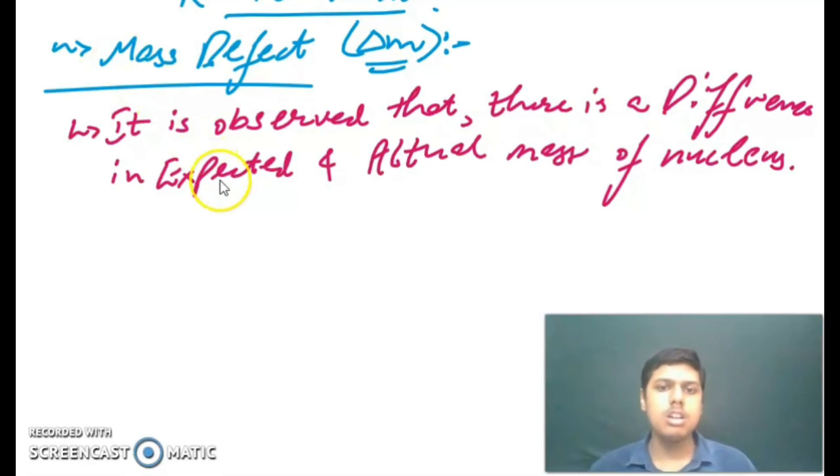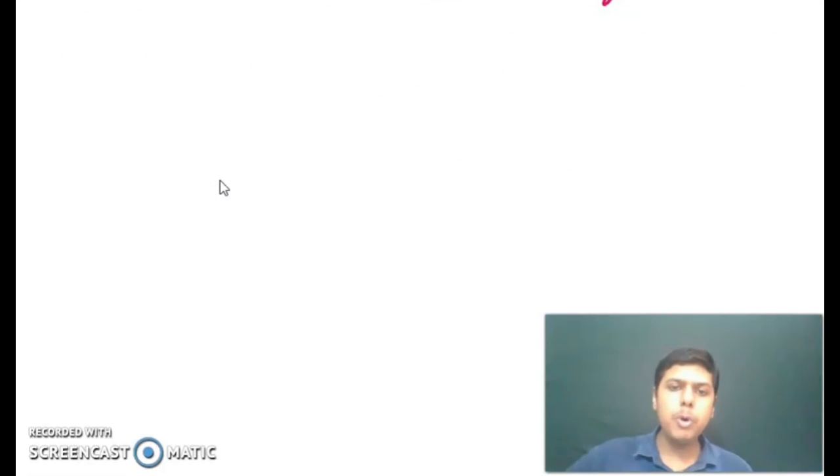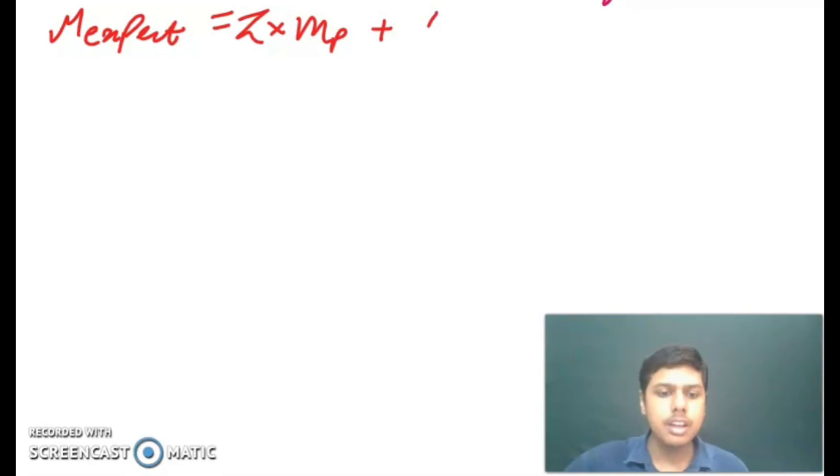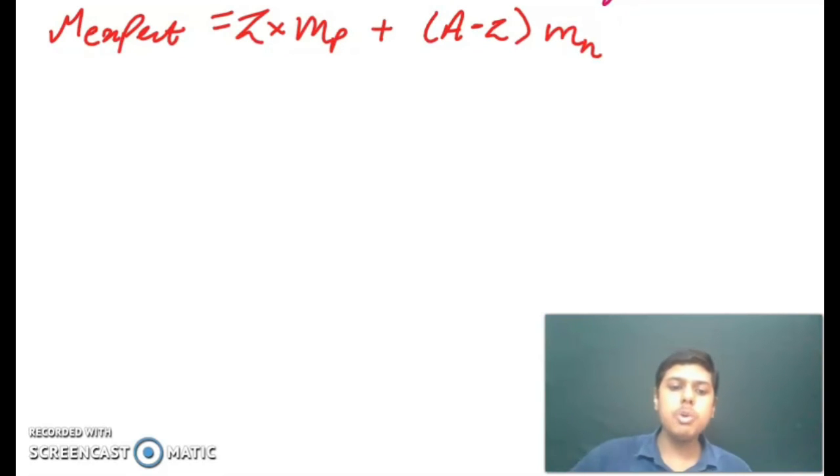Let us consider, suppose the expected mass is atomic number Z into the mass of proton plus A minus Z into mass of neutrons. Now you can see these are the number of neutrons, as the mass number subtracted by the number of protons or the number of electrons will give us the number of neutrons.